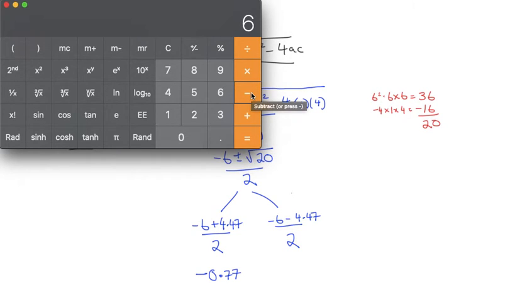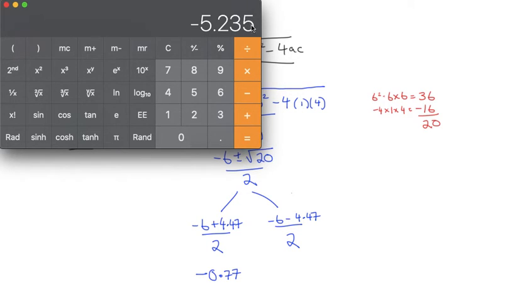Minus 6 minus, oh, again, I didn't clear the calculator. Minus 6 minus 4.47. Then the equal sign. So that gives us minus 10.47. Then divide that by 2. And that gives you minus 5.235.